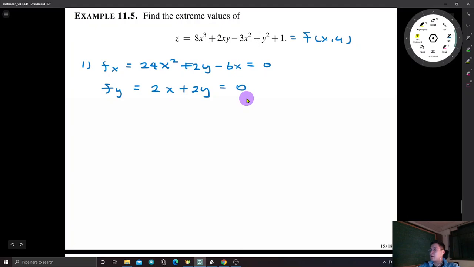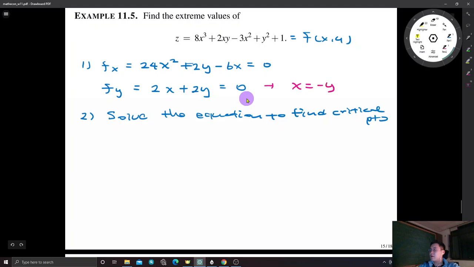So now the second stage is to solve these equations to find critical points. From the second equation, we know x is minus y. So I can plug in negative y for x in the first equation.